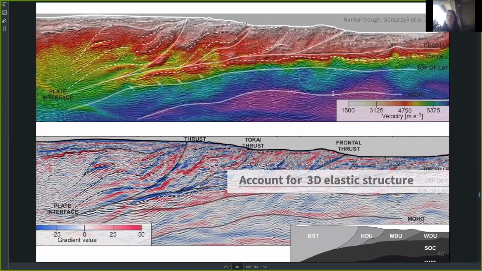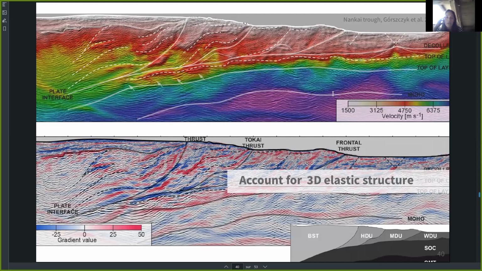I think we all know that the elastic structure of the Earth is very complex. We also all know that this structure needs to be accounted for when we are studying the deformation on the faults. However, very similarly to topography, we generally do not account for this structure because it's too computationally complex.